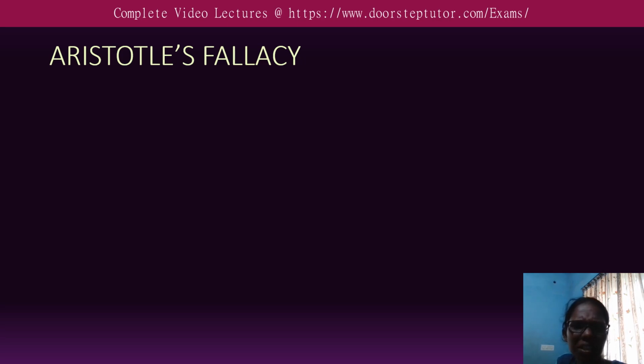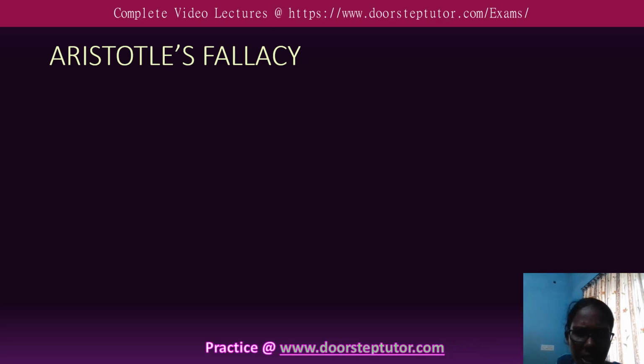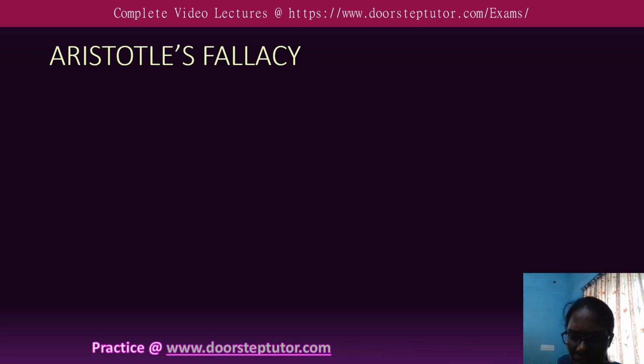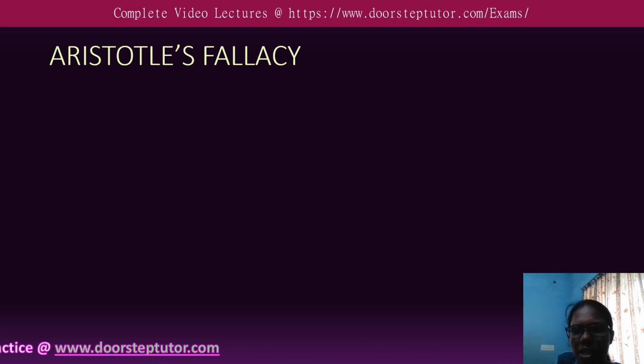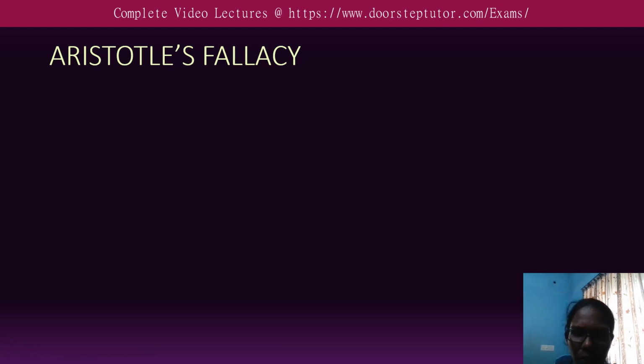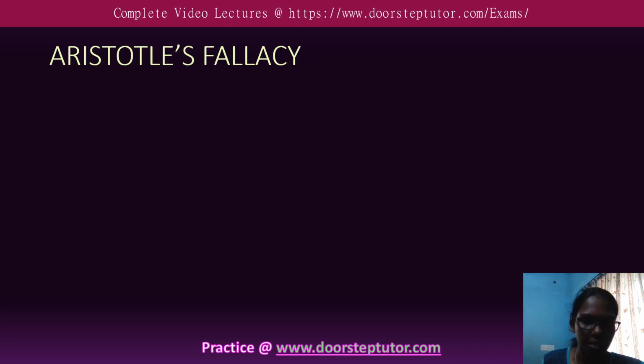And what if a body is moving uniformly? That is, a car is moving with a constant velocity in the horizontal direction. Do we require an external force to keep that car moving? The great thinker Aristotle held the view that if a body is moving, something external is required to keep it moving.